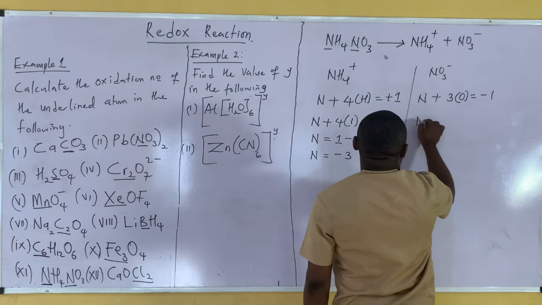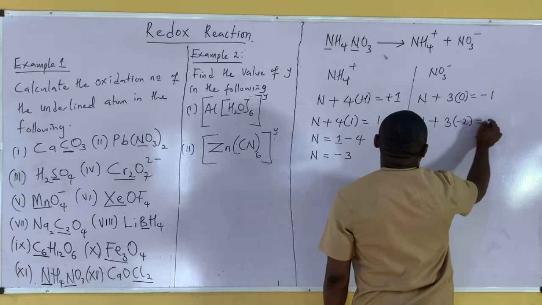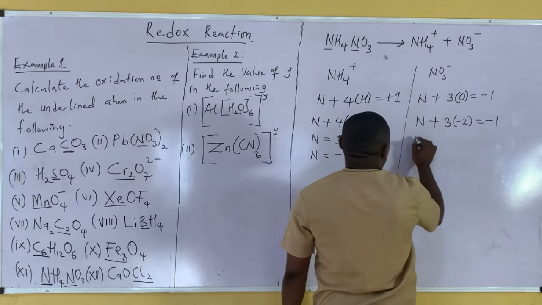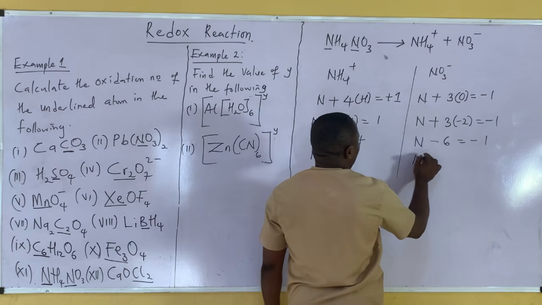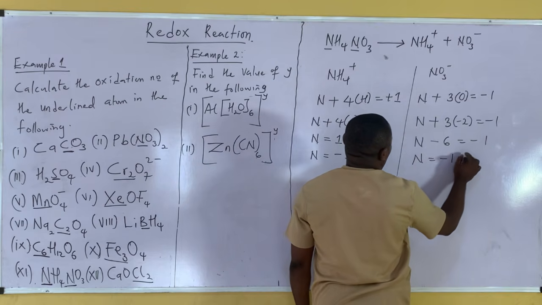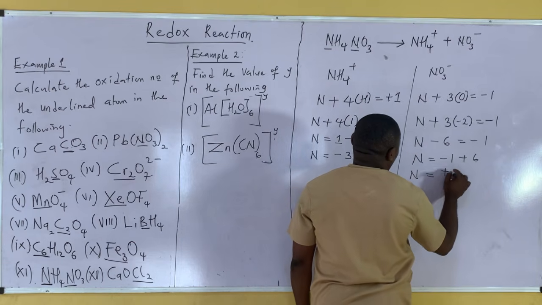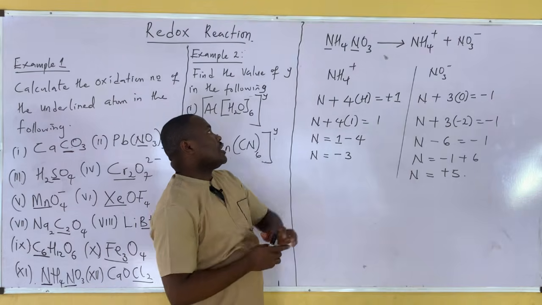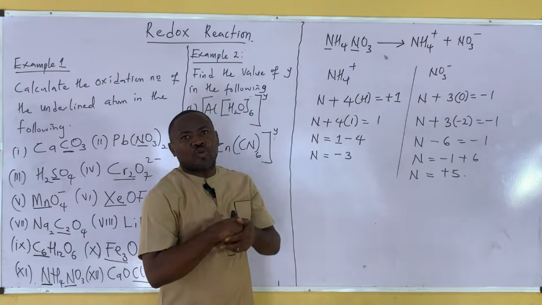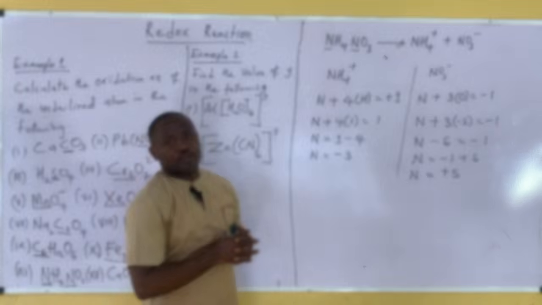I have it as N + 3(-2) = -1. So N - 6 = -1. N is now equal to -1 + 6. N is equal to +5. Now it means that the oxidation number of nitrogen in this compound is equal to +5 and -3. Thank you.